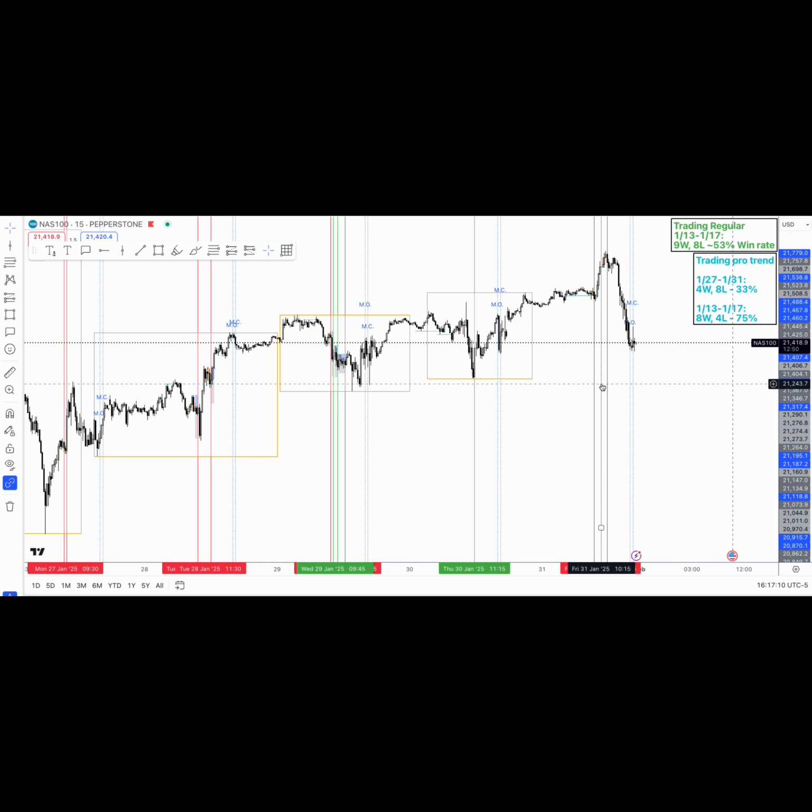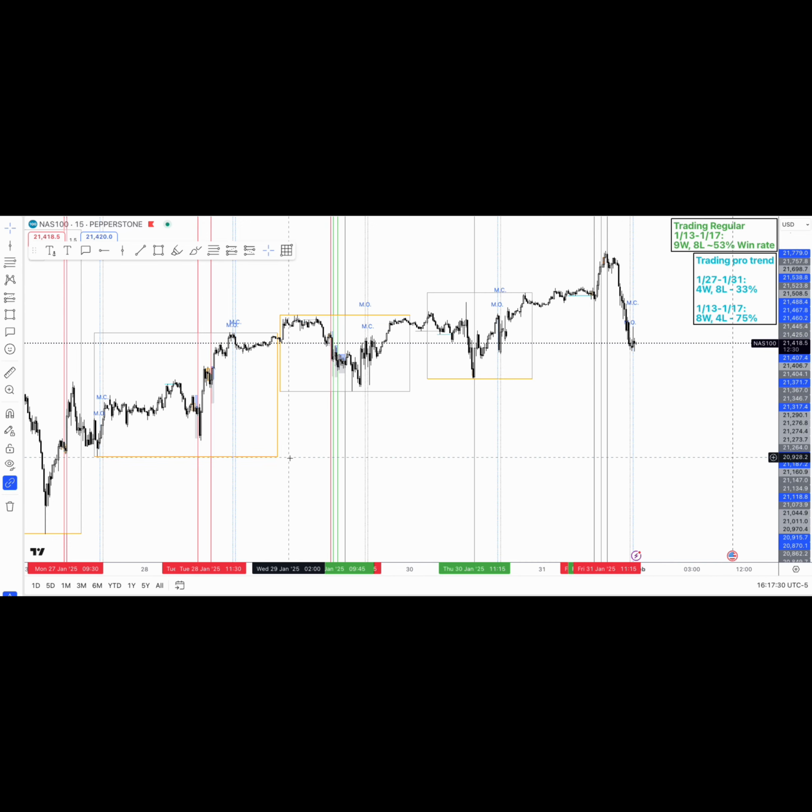Looking at my average, I know my average risk to reward ratio is around 2.21. So if you just say 2.2 for each win and minus 1% for each loss, with me risking 1% per trade, let's double check.